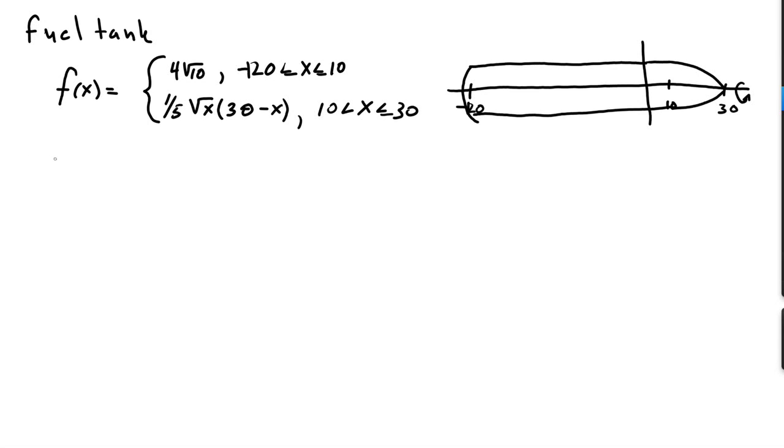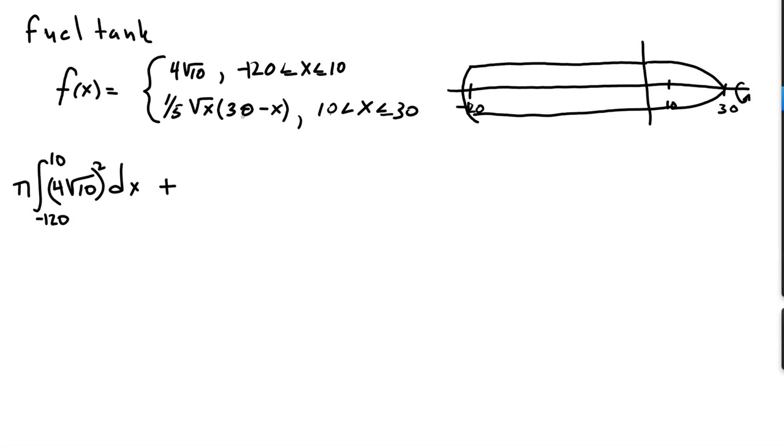So if we want to estimate the volume that's going to go in here, I actually have two functions and a place where they split. From negative 120 up to 10, we're looking at a constant function. It's 4 square root of 10, squared, dx.